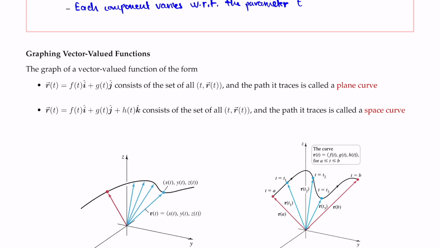This is a three-dimensional space curve. It consists of the set of all the points t, r of t, and the path it traces out is called a space curve. Again, this vector value function is written in terms of the standard unit vector form, and f of t, g of t, and h of t are the components of r of t.